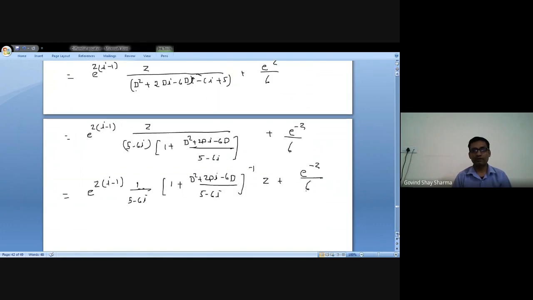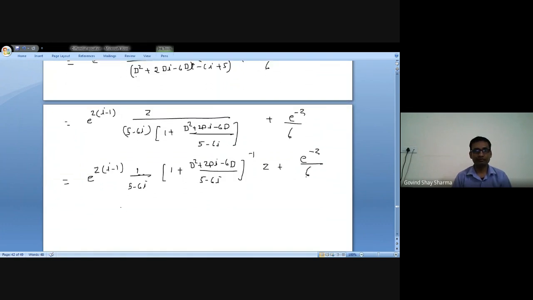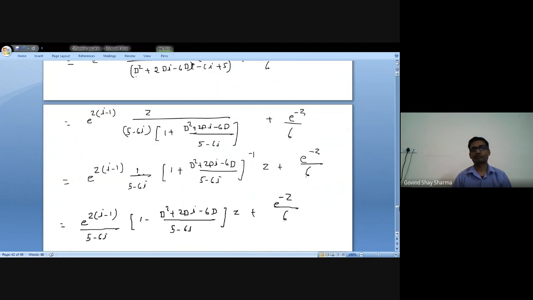Now we expand D square plus 2D i minus 60 upon 5 minus 6i. Okay.